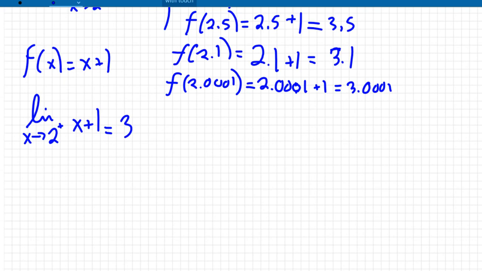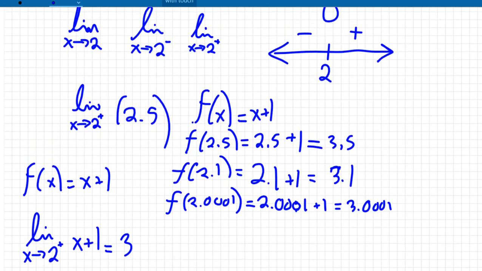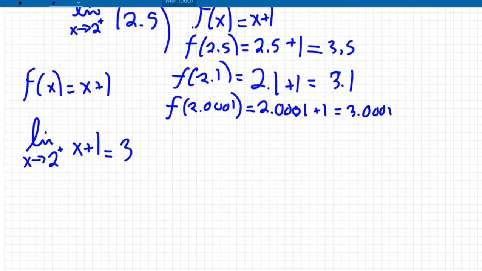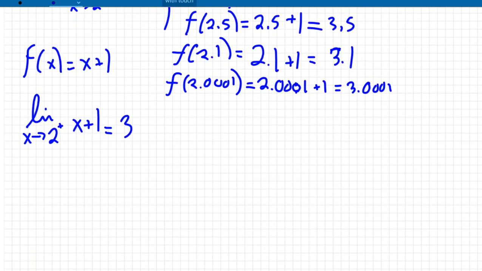And then we'll go ahead and do the same thing for the left-hand side of 2. So for values less than 2, but close to 2, we can evaluate a couple values of the function. So we'll go ahead and take a number less than 2, but still close to 2. Very simple example is 1.5.